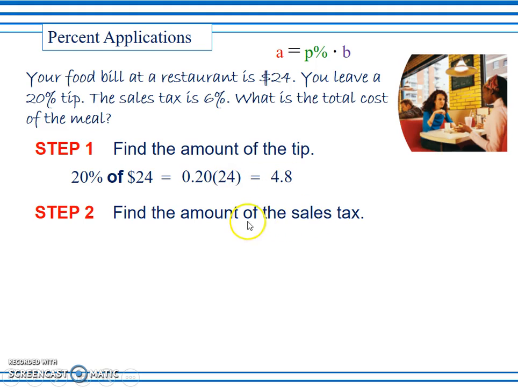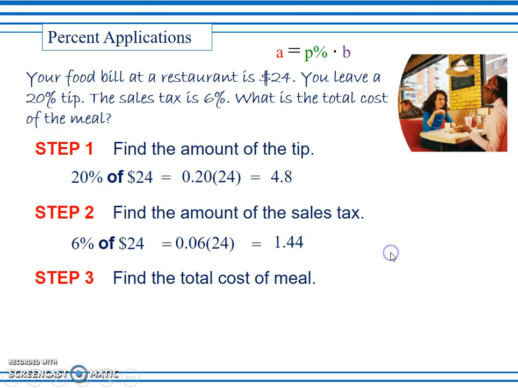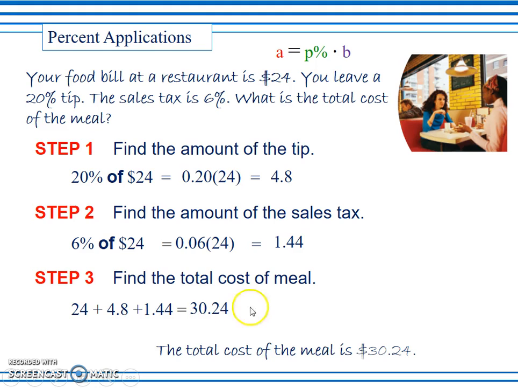Now we're going to calculate the sales tax. That's 6% of $24. Remember, of means multiply. So 6% as a decimal is 0.06, and we multiply that by 24 to get $1.44. This should all look familiar. And then when we add them together, we get the same cost of $30.24. So it didn't matter if we used our percent equation or the proportion.